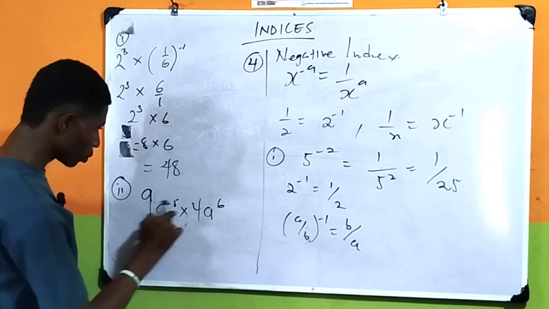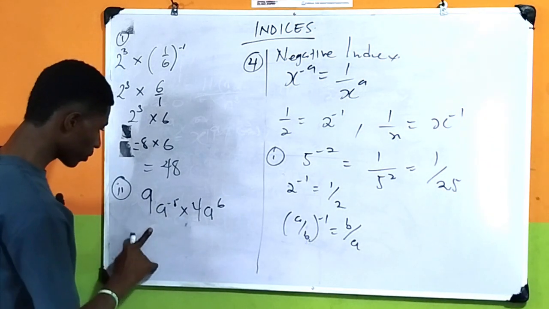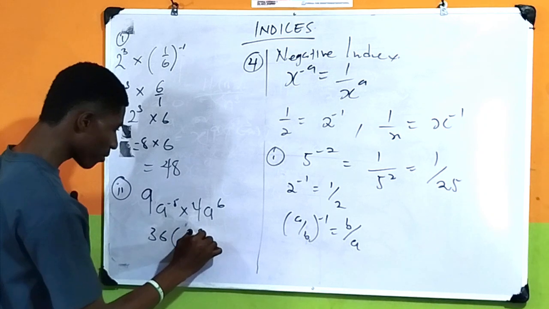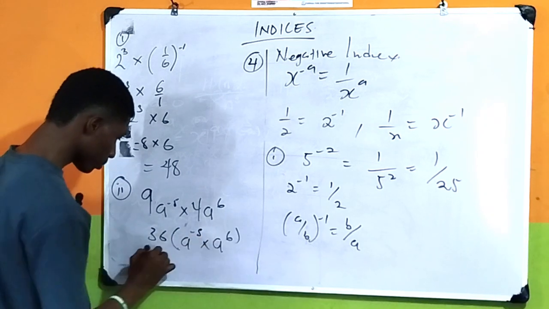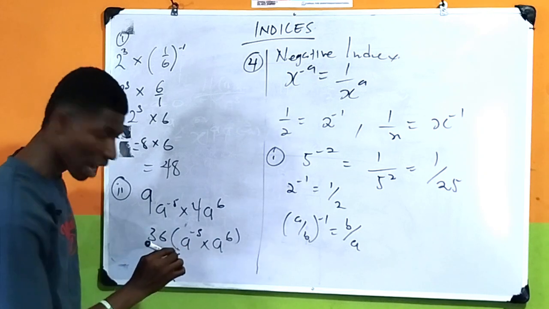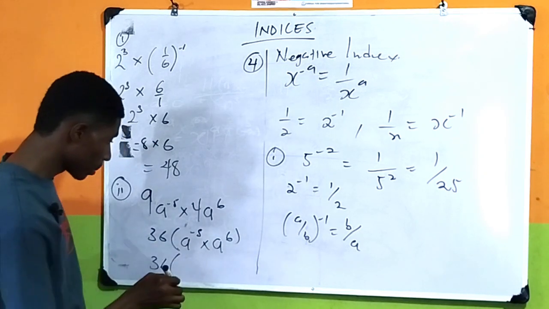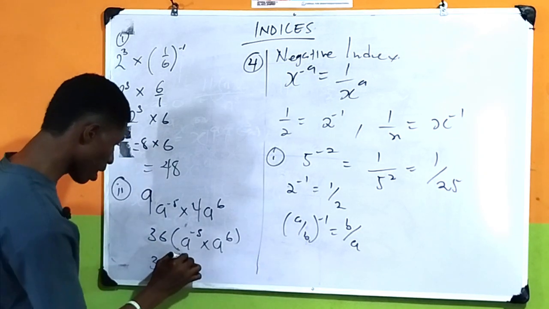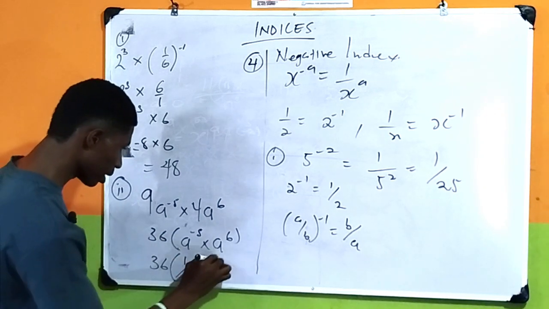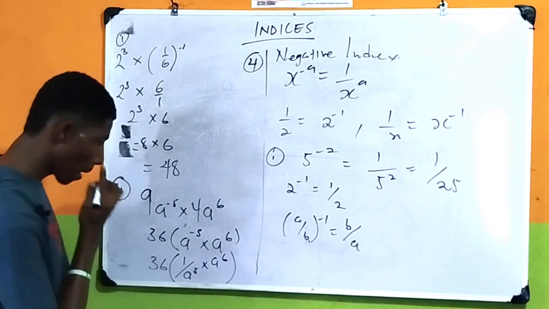First of all, 9 times 4 is 36. And I have a^(-5) times a^6. Now a^(-5) means to reciprocate a^5, so I have 36 times 1 over a^5 times a^6.